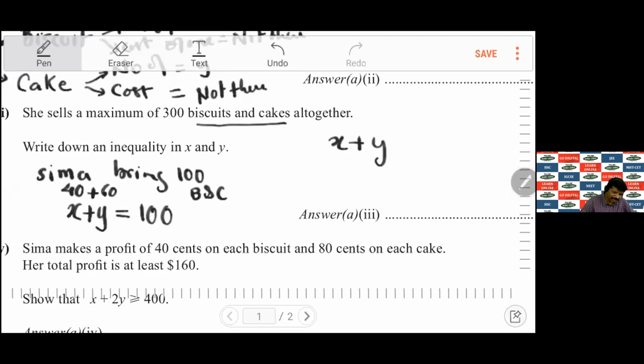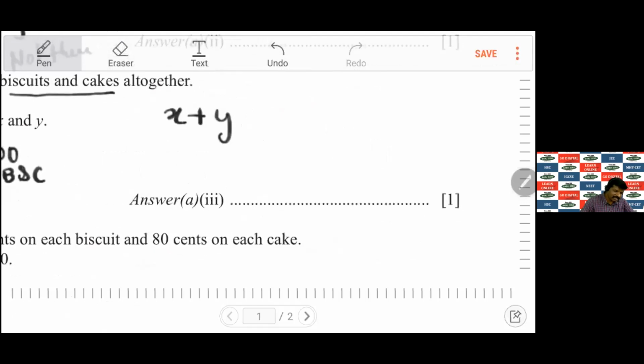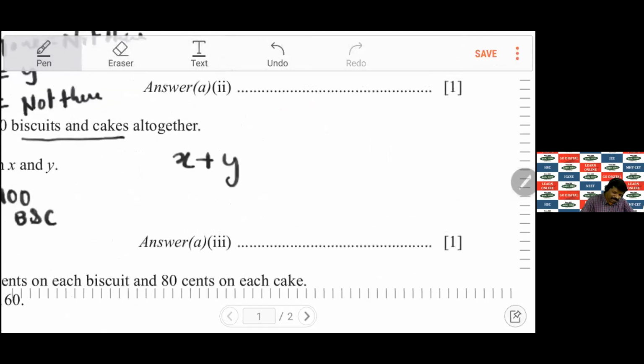What is maximum? Maximum means in your exam, again, on a 100-mark paper, maximum how much can you get? 100. Maximum you can get 100 only. You cannot get more than 100.